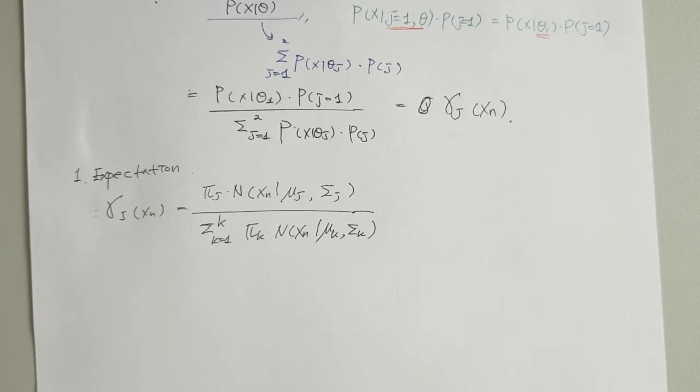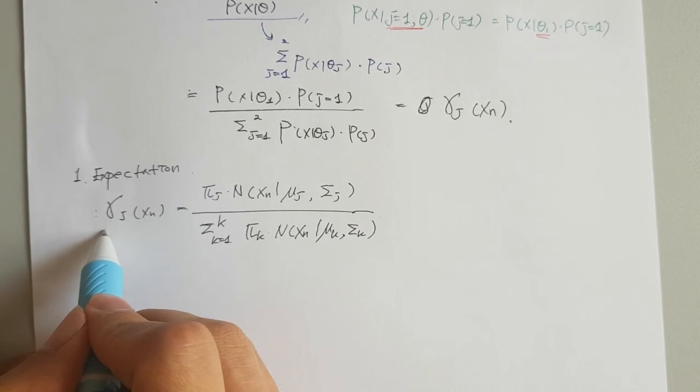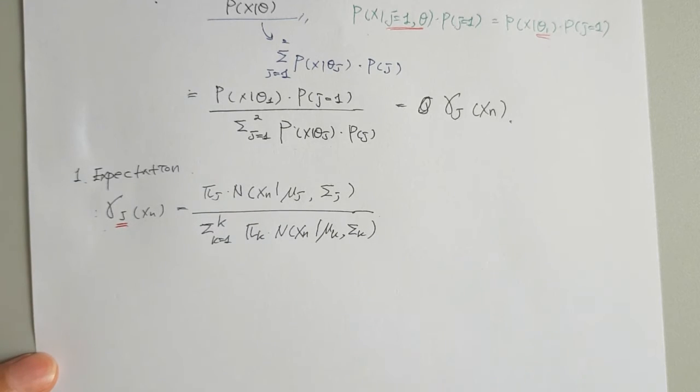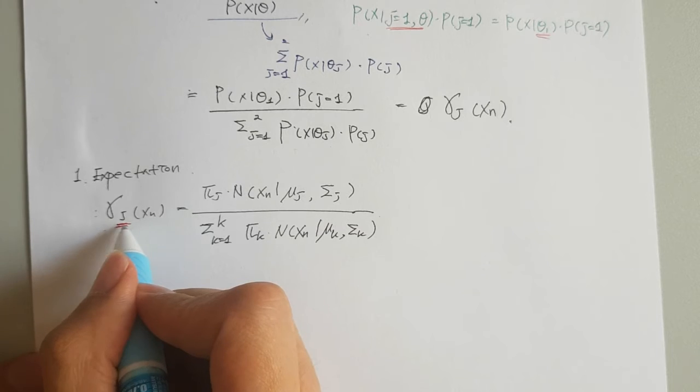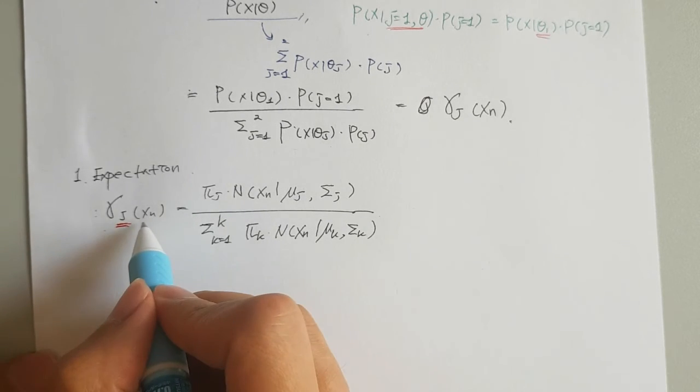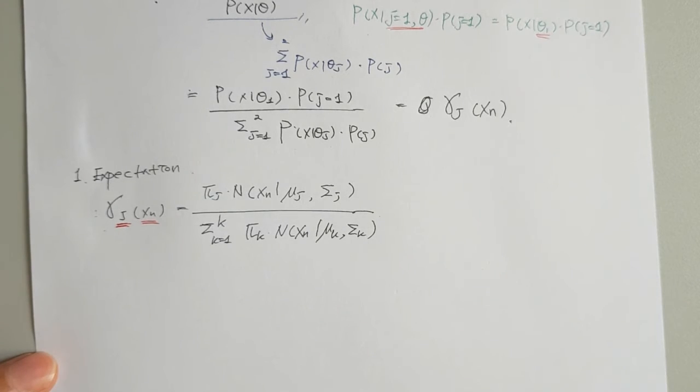So again, it's really important to understand the concept and intuition of this responsibility. There are several distributions, and the j-th distribution will have a responsibility for data xn.